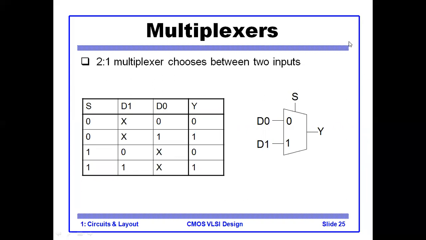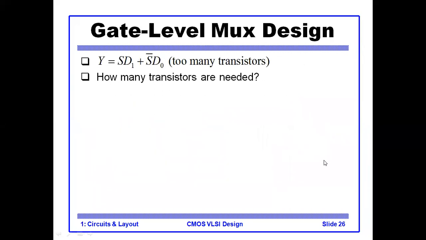But now we have to implement that logic, the 2:1 multiplexer, with the transmission gate. We know the logic of this. This is the Boolean expression for the 2:1 multiplexer: Y is equal to S D1 plus S bar D0. According to this logic, how many transistors are required?